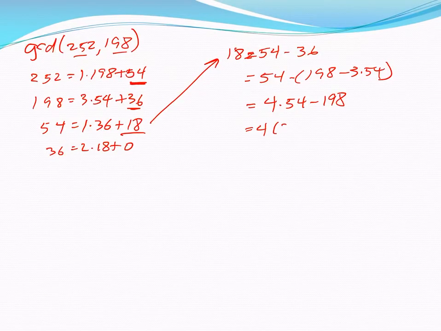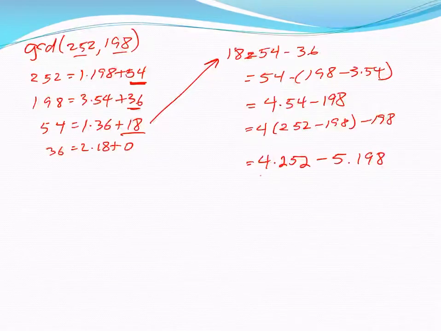4 times (252 minus 198) minus 198 equals 4 times 252 minus 5 times 198. So my Bezout coefficients are 4 and negative 5 for 252 and 198 respectively, having a greatest common divisor of 18.